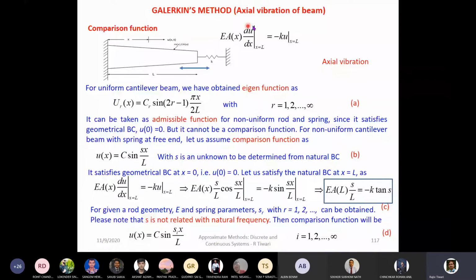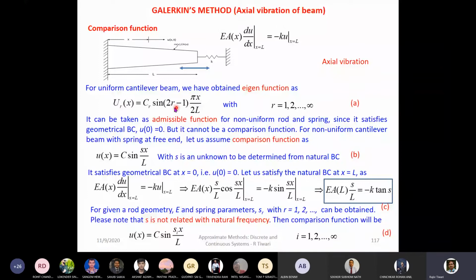So here, what do we generally do? Let us say this beam is not continuously varying, it is a uniform beam, and this spring is also not there. So it is nothing but a cantilever beam. If a uniform cantilever beam is there, already for axial vibration we have obtained the eigenfunction in closed form using the eigenvalue problem solution in chapter 5, and this is the eigenfunction for that.